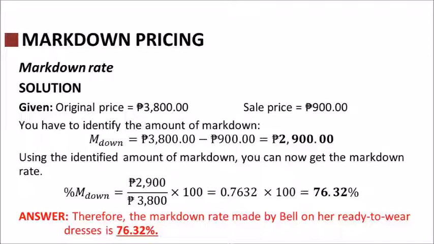So, you deduct the 900 pesos, which is your sale price, from the original price, which is 3,800 pesos. And you have your amount of markdown of 2,900 pesos. Using the identified amount of markdown and the formula, you simply divide the amount of markdown by the original selling price, which is 3,800, and you have 0.7632.